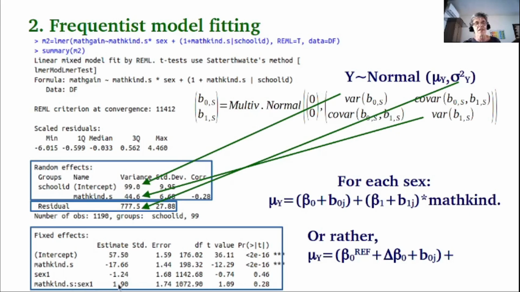This tells us that the slope for sex 1 is 1.9 units higher than the slope of the reference sex, and that this p-value of 0.28 is telling us that this difference is not significantly different from 0. It's not 0, it's just that it is not significantly different from 0.